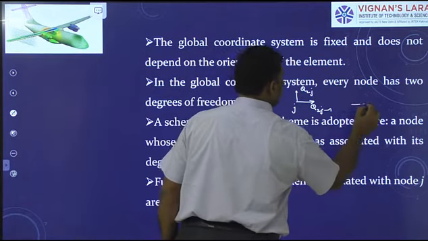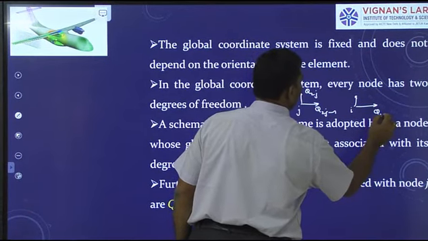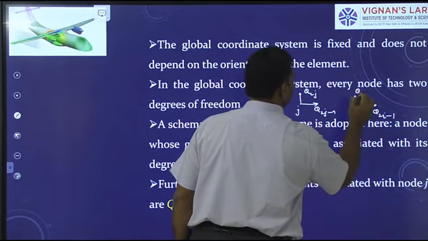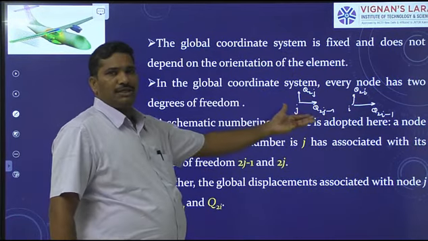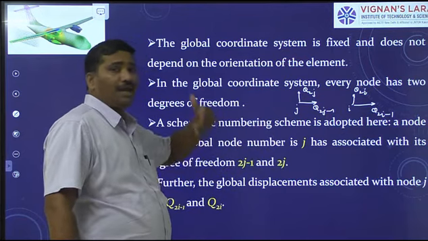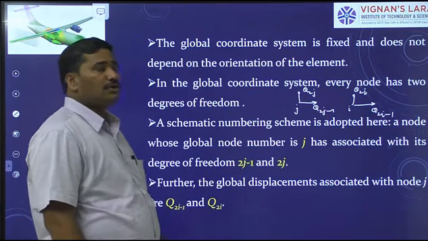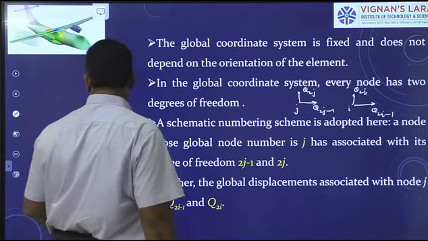If you take I as the node, Q2I minus 1 is the horizontal displacement and Q2I is the vertical displacement. These are the notations which we follow for global displacements, and the same convention we can also follow for local displacements.